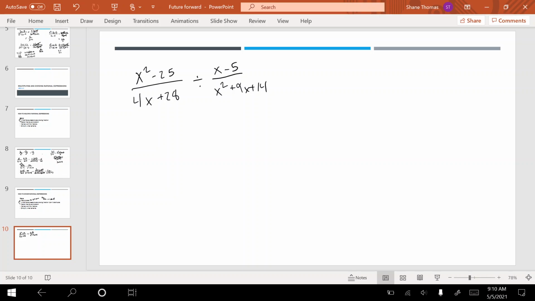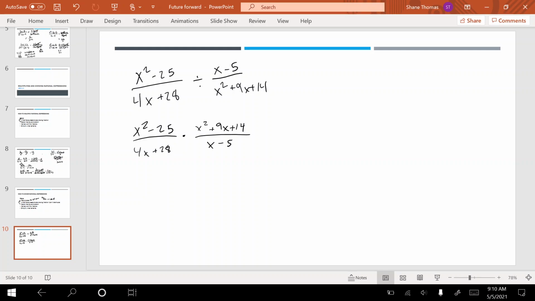All right, so what we want to do first is flip the second one. So I'm going to rewrite this as x squared minus 25 over 4x plus 28 times x squared plus 9x plus 14 over x minus 5.